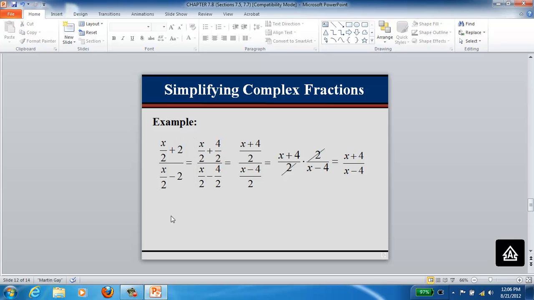Here your least common denominator is 2 also, so you do the same here, combining this numerator, combining the denominator. Here you have a division, so you flip the denominator, and here is your multiplication, and you solve using the rules of multiplication.